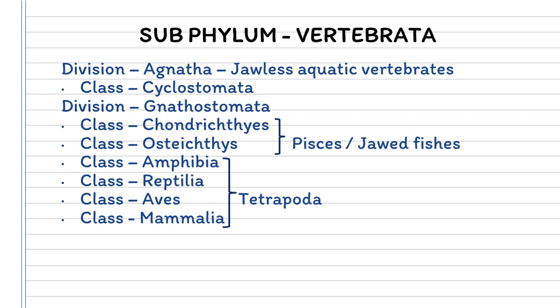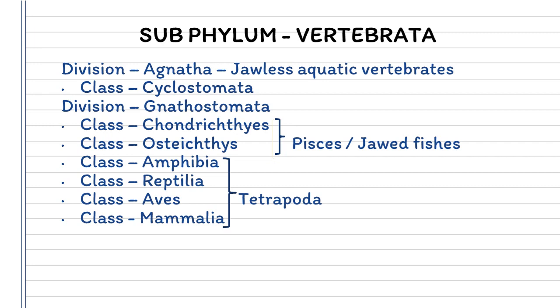The first 2 classes, Chondrichthyes as well as Osteichthyes, are jawed fishes. They are aquatic organisms, as usual fishes. Together we can call them class Pisces, the jawed fishes.